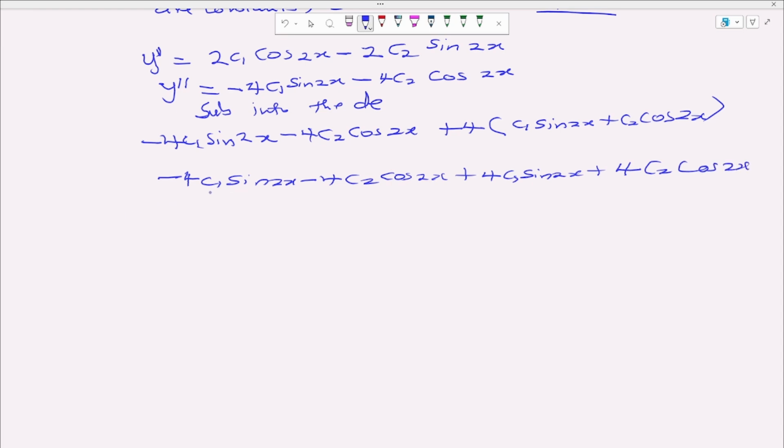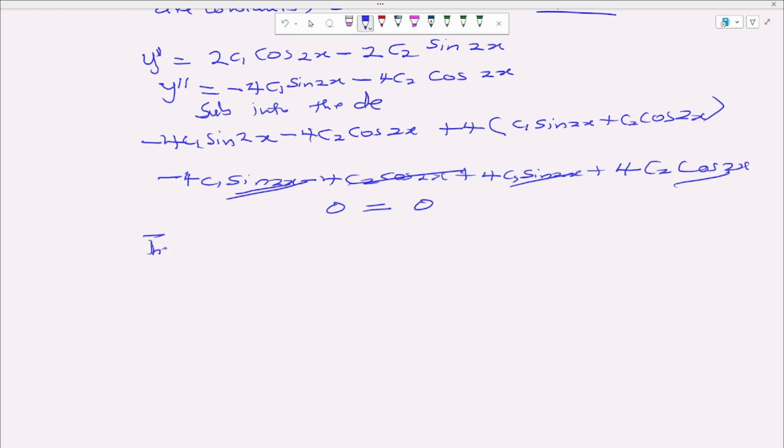Now we can see that we have identical terms here. -4c1 sin 2x and 4c1 sin 2x cancel each other, and this one will also cancel this one, giving us 0. That is the left hand side, which is equal to 0, the right hand side.